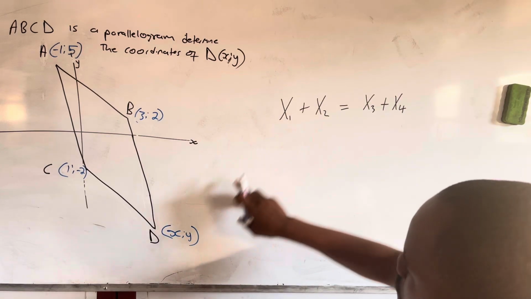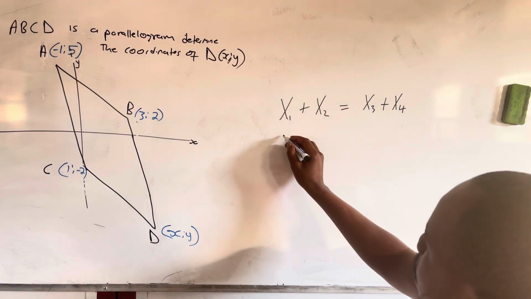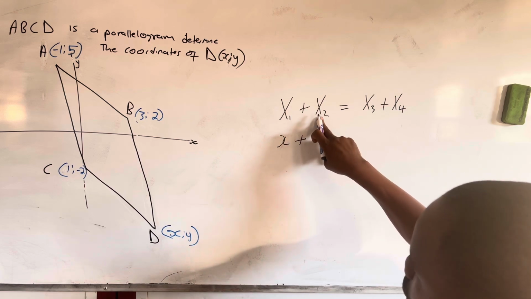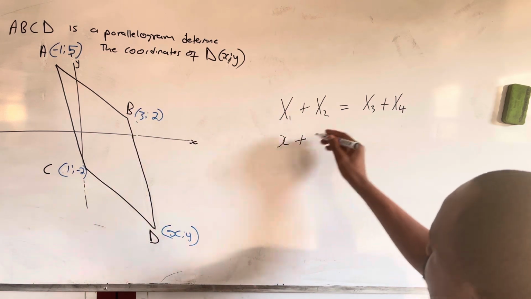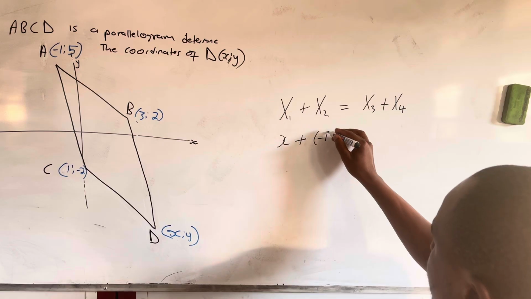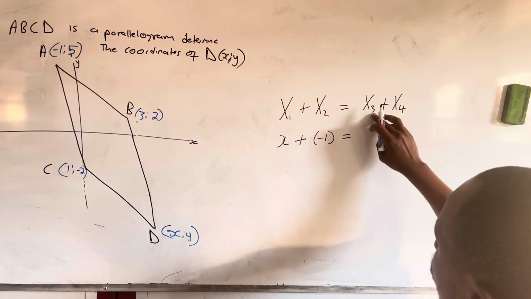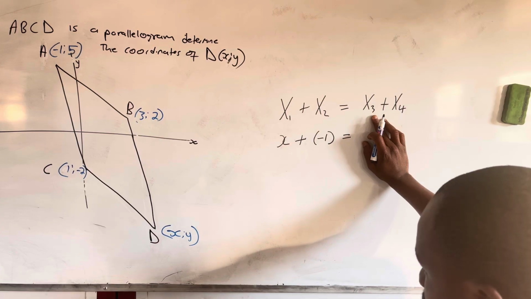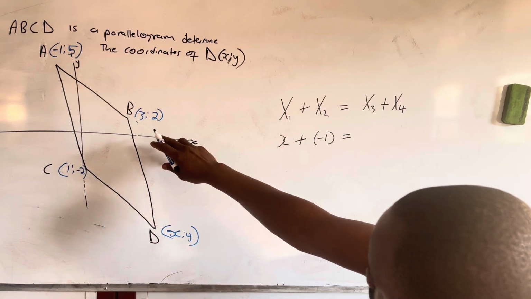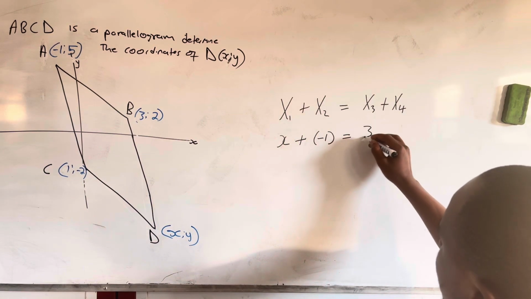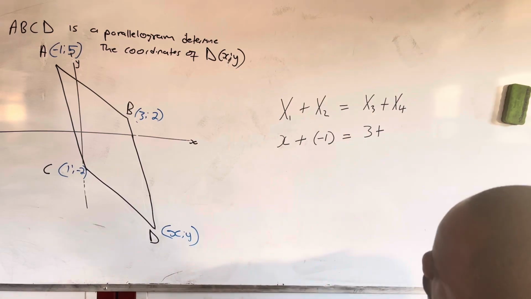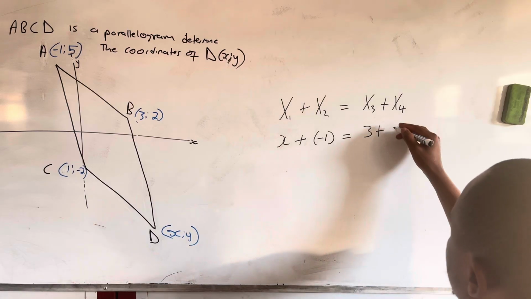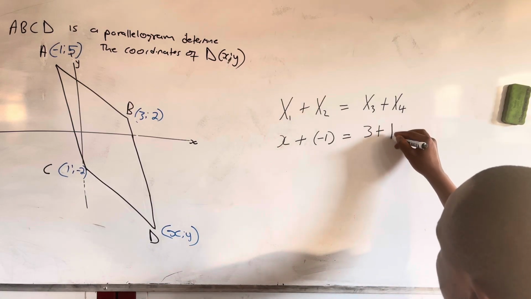So my x1 now is x, plus my x2, which is negative 1, so you're going to say minus 1. It is equal to your x3, which in this case can be the 3 at B, 3 plus my x4, which is 1 there.